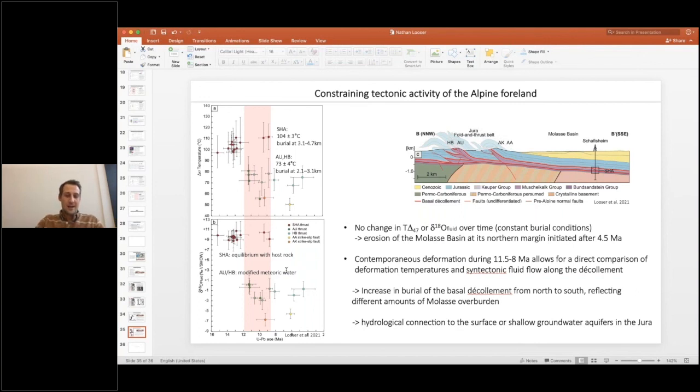Okay, so here the clumped isotope data basically adds a lot of information about under what temperatures and under what burial conditions did the thrusting take place, and if there was connectivity to the Earth's surface or not.